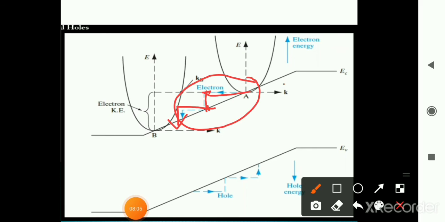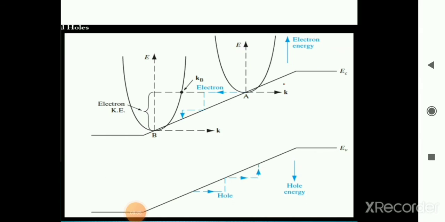Whatever electrons move from here to here are always present at the bottom of the conduction band. They won't jump back to the valence band, because we are applying the electric field and we moved the electron from the valence band to the conduction band.